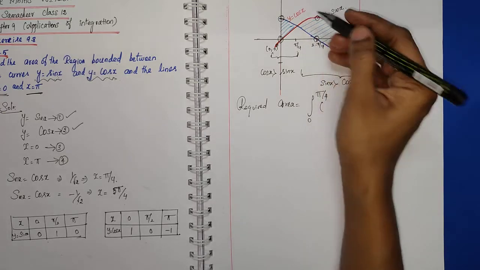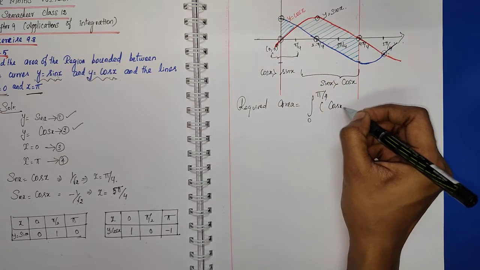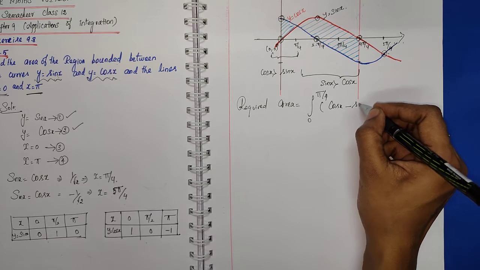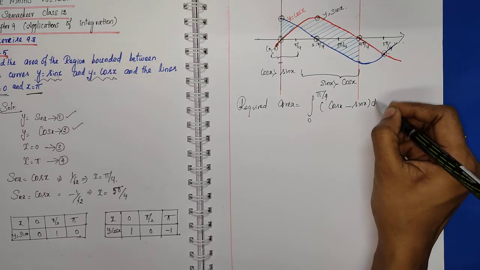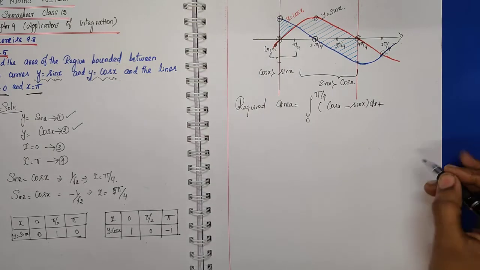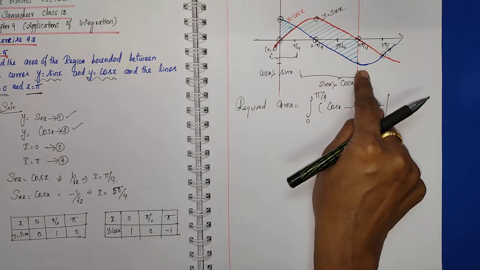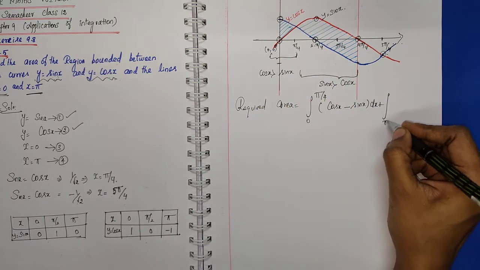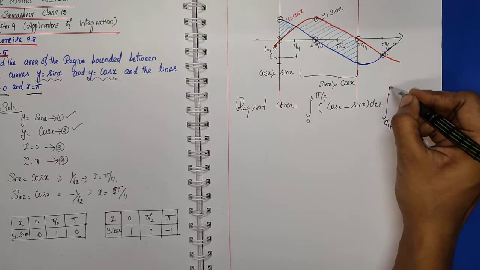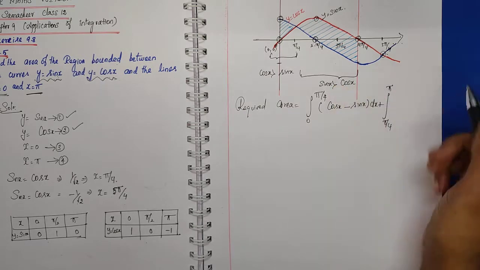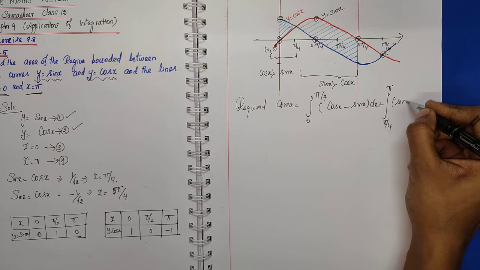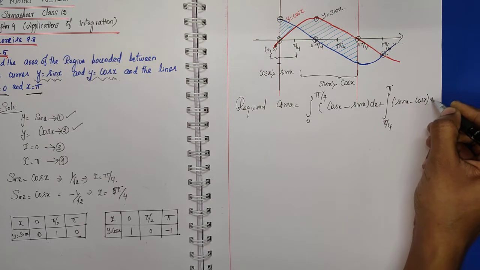The upper curve is cos x. Cos x minus sin x dx plus integral over pi by 4 to pi, sin x minus cos x dx.